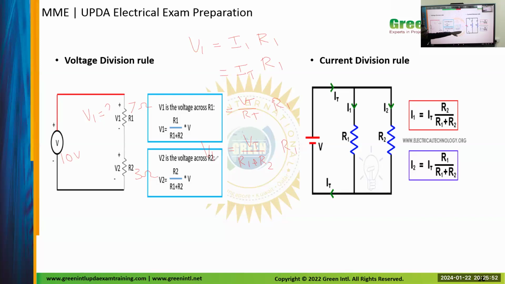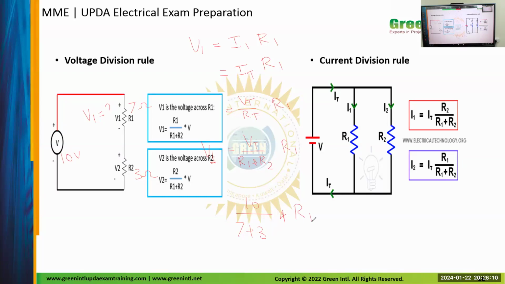That's why we call this the voltage division rule. Total voltage 10 divided by the sum of the resistances 7 plus 3, into R1, because we need to calculate V1.